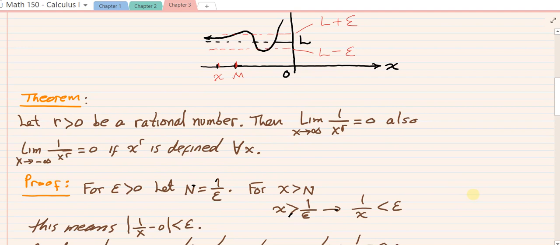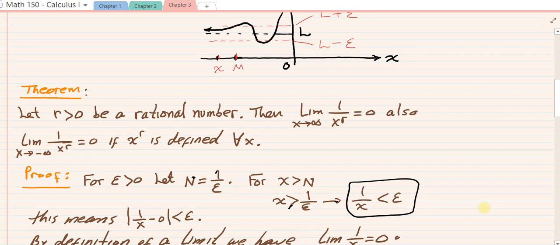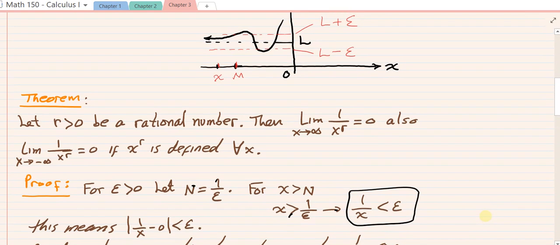And we can rewrite this expression, 1 over x less than epsilon, to mean that the absolute value of 1 over x minus 0, that's still 1 over x, is less than epsilon. And because x is approaching infinity, we are okay to write it with absolute value, right? So for example, if I have 1/5, that's the same as the absolute value of 1/5.